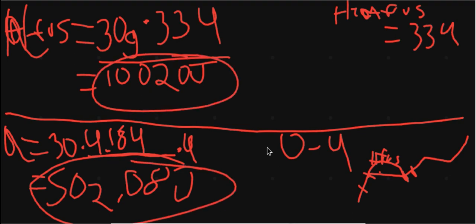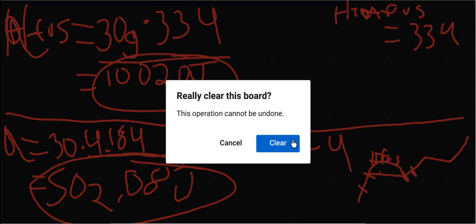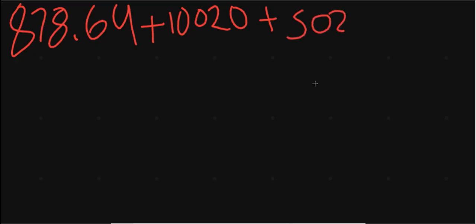Now that we found these values, our last step is to add them up, and that will be our final answer. Let me clear the board once more. We can finish out this problem and hopefully give you a better understanding of heating and cooling curves in chemistry. 807.64 plus 10,020 plus 502.08.